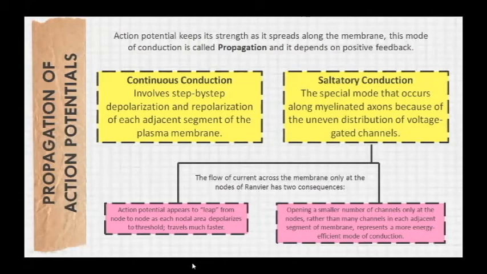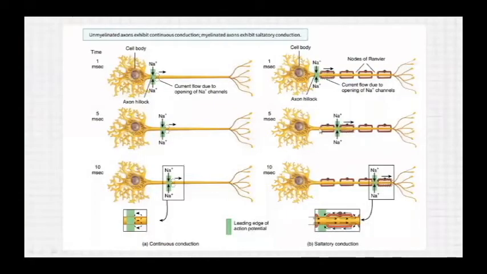Based on this diagram, you could see that continuous conduction manifests only in unmyelinated axons, because since they don't have myelin sheaths, they generate continuous conduction. While saltatory conduction only happens in myelinated axons, since there is the presence of myelin sheaths and nodes of Ranvier.